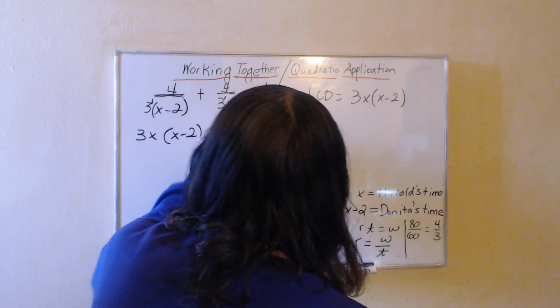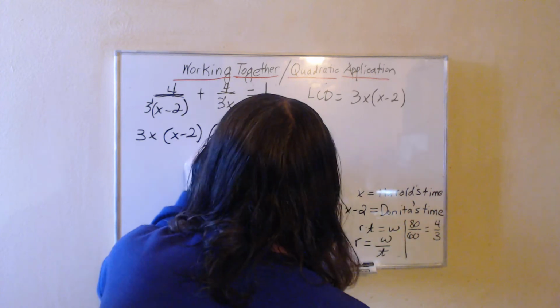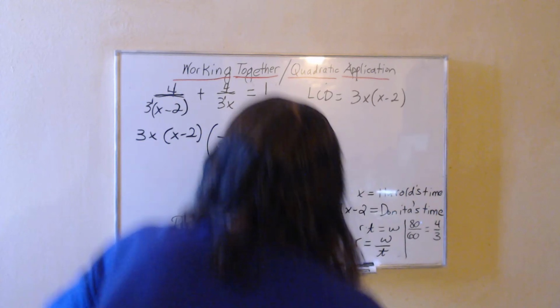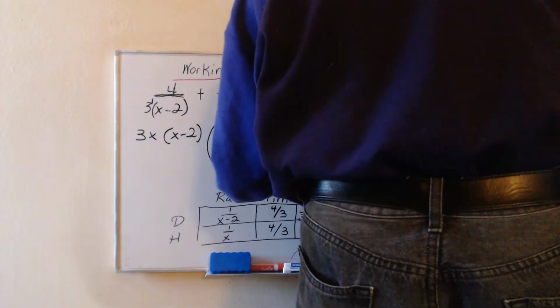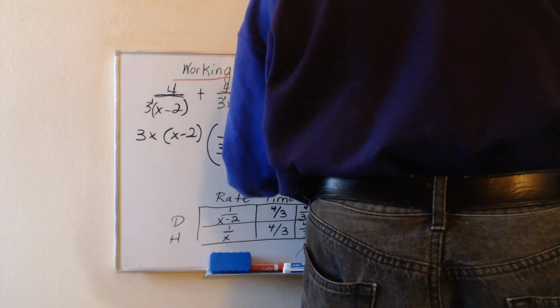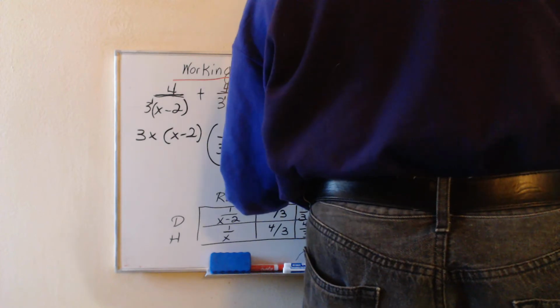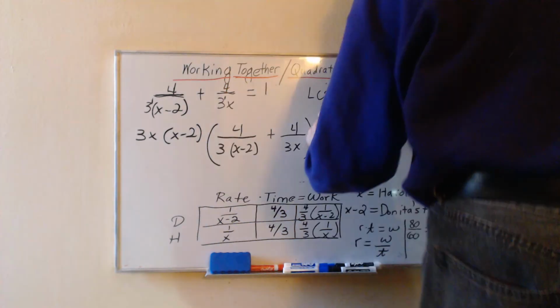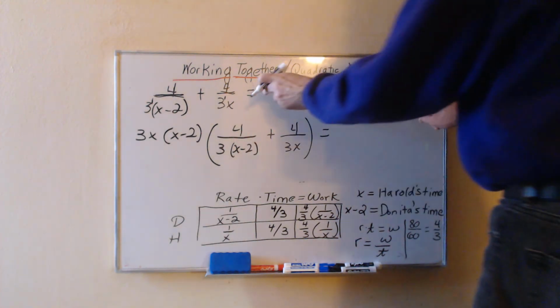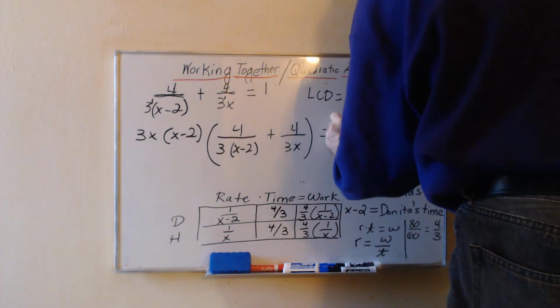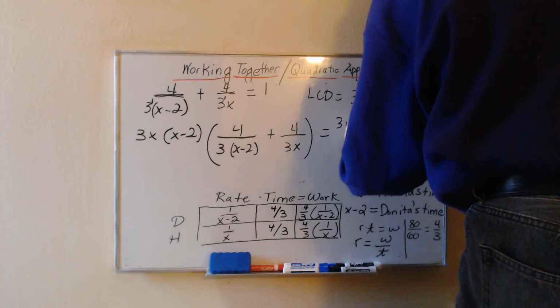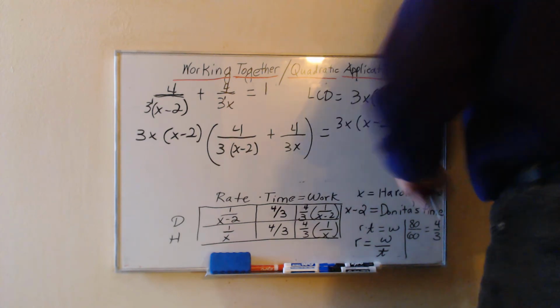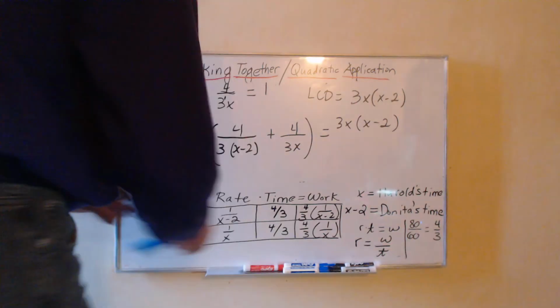And on the left side, we need to make sure that we distribute before we cancel. Multiplying that least common denominator to the 1 that's on the right side will just give us that least common denominator.